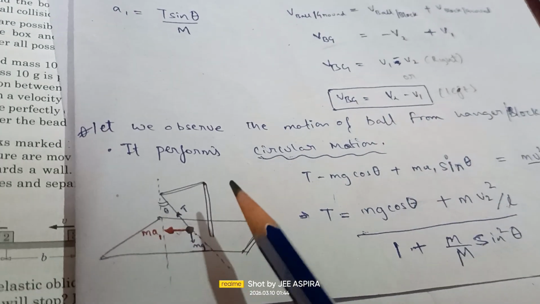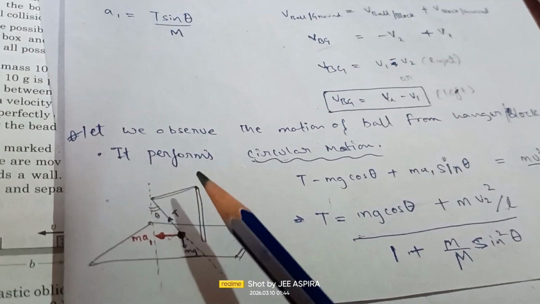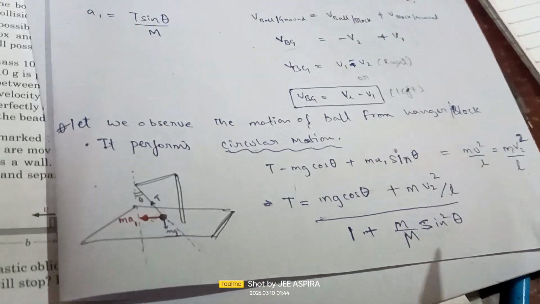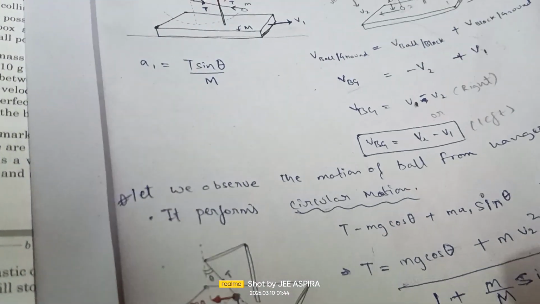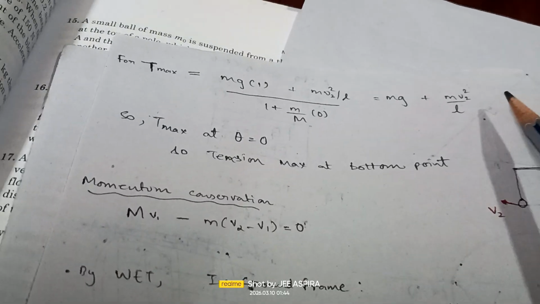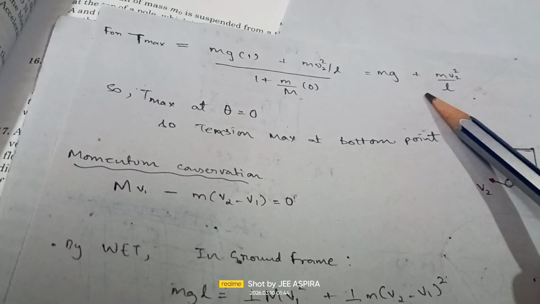By intuition only, you can say that tension will be maximum at the bottom part. So T max equals mg plus m v2 square by l.